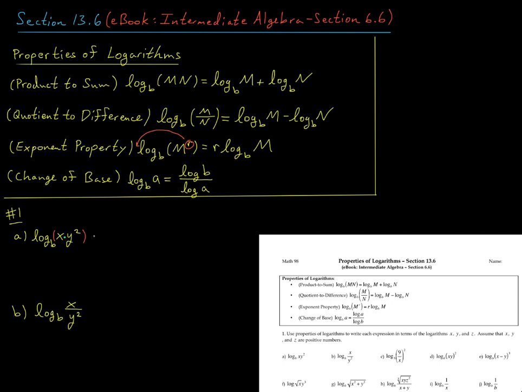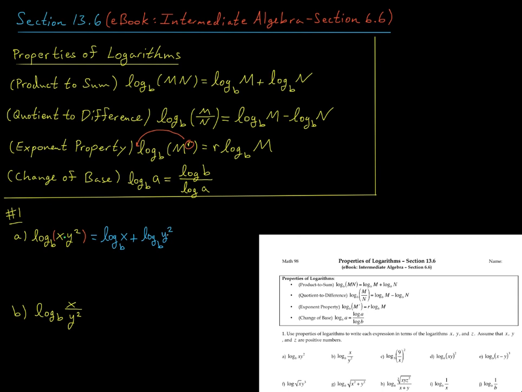And so to start with that property, let's see what we're going to get. From product to sum, this says take the log of this first factor, which is x, include my base b there, and then I'm going to add to that the log of the second factor, which is y squared. So that's product to sum. And now notice I have the logarithm of y raised to the second power.